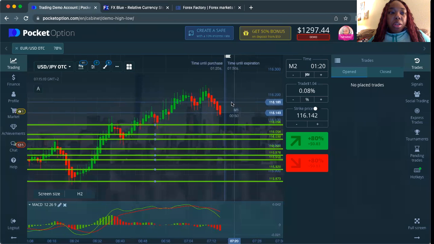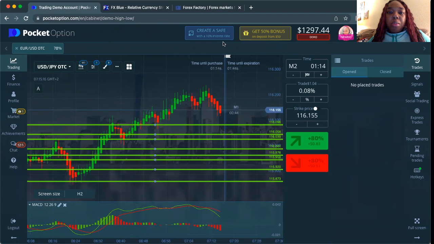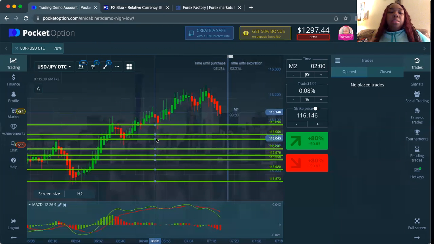So let's go over the platform that I use, for any newbies or someone that is not familiar with HFX or binary options. This is Pocket Options, which is a broker.